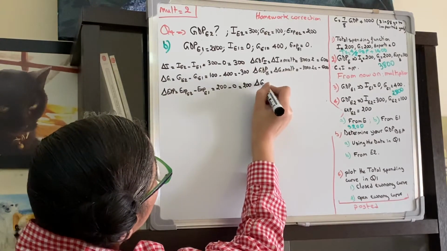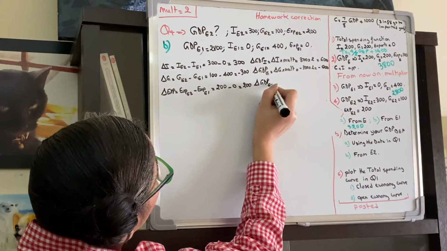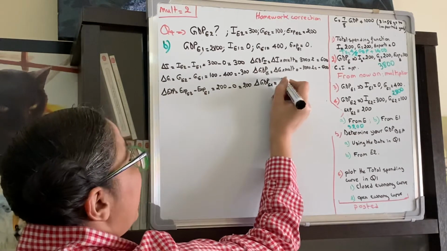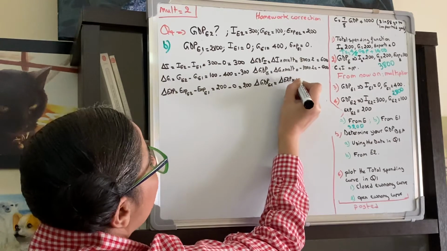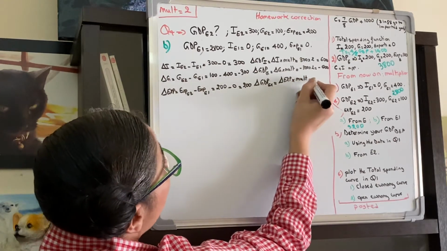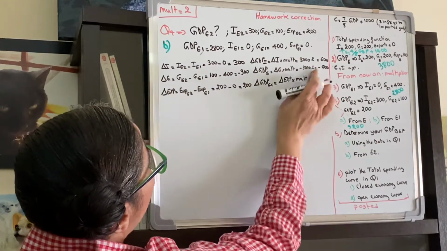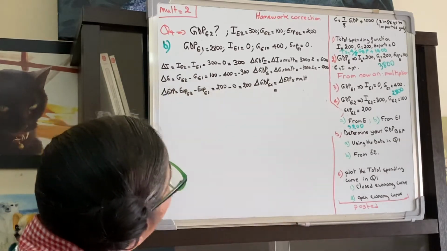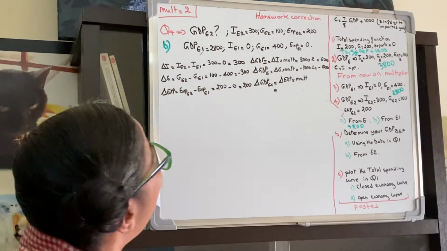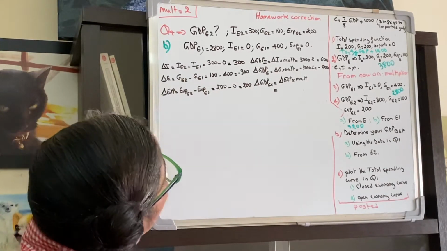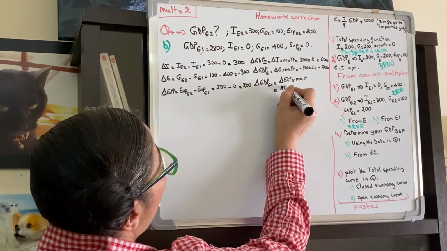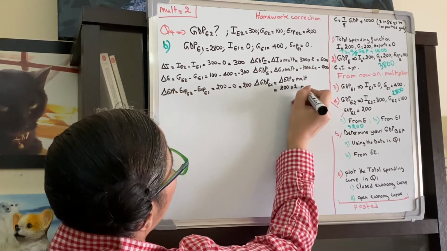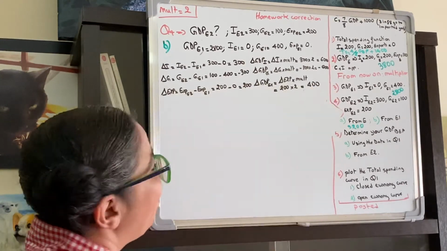So delta GDP due to exports is equal to delta exports times the multiplier. I'm going to do it here. Ooh, tired, my shoulder. Okay, exports 200 by 2, so that would be 400.